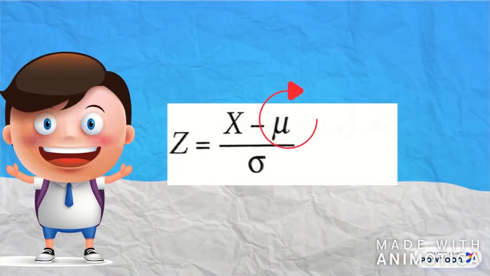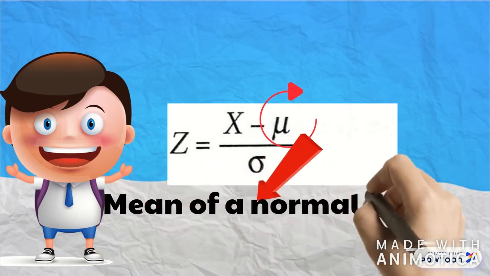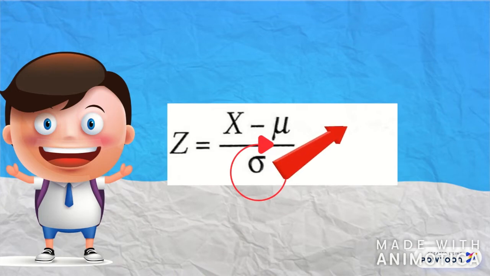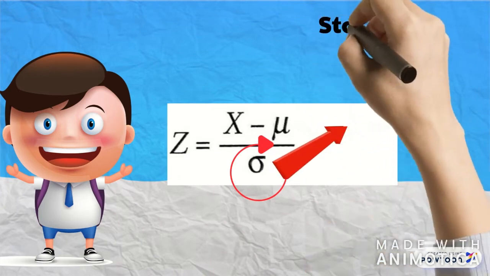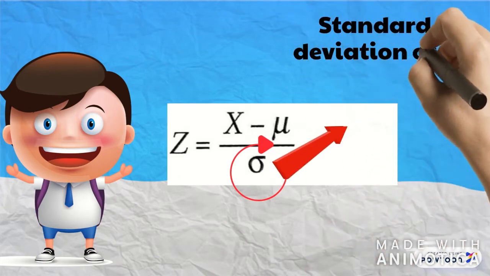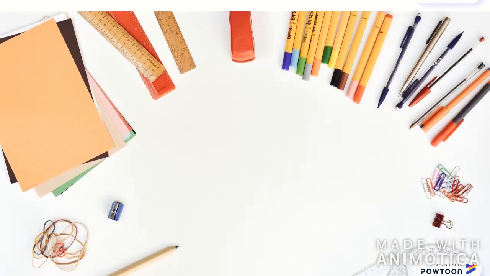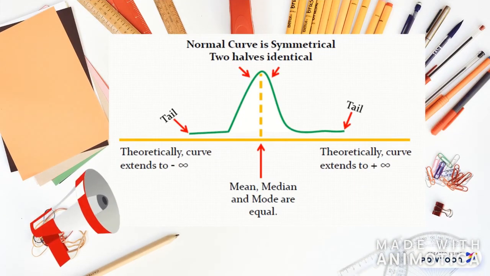The mean refers to the mean of a normal distribution, while the symbol sigma refers to the standard deviation of a normal distribution. So basically, guys, this is what we had seen in that mail.